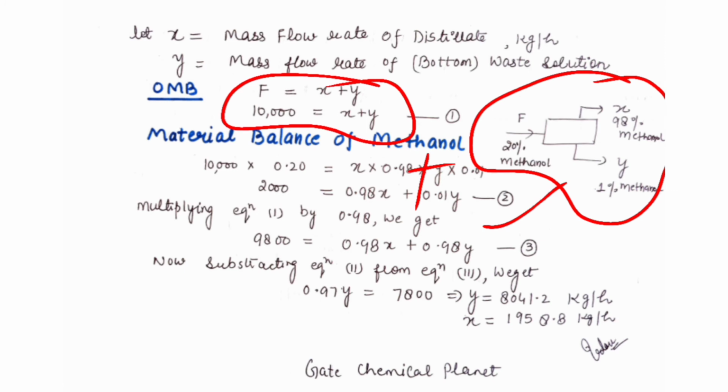For simplification, I multiplied equation 1 by 0.98, and then we get 9800 equals 0.98x plus 0.98y. Now, by subtracting equation 2 from equation 3, we get the value of y and also the value of x. By simple calculations you can get the values of x and y.